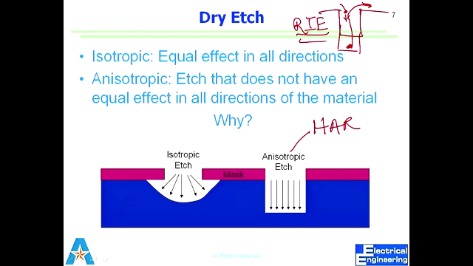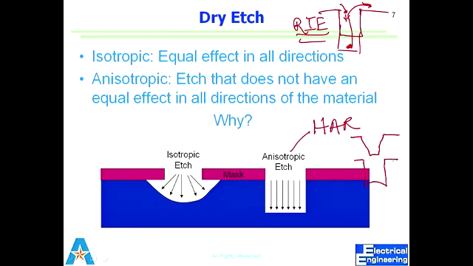So there is a limitation on how deep we can go, and a limitation on how deep we can go while maintaining reasonable vertical walls. Because what happens is, if there is no anisotropy, we end up getting something like that, right? Or we have the defects, we get something like this at the bottom.